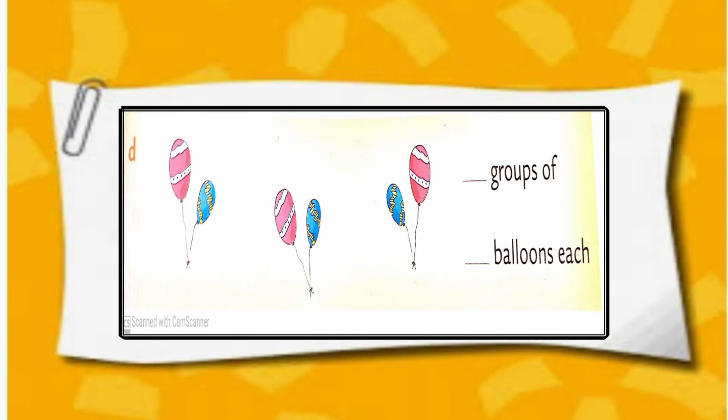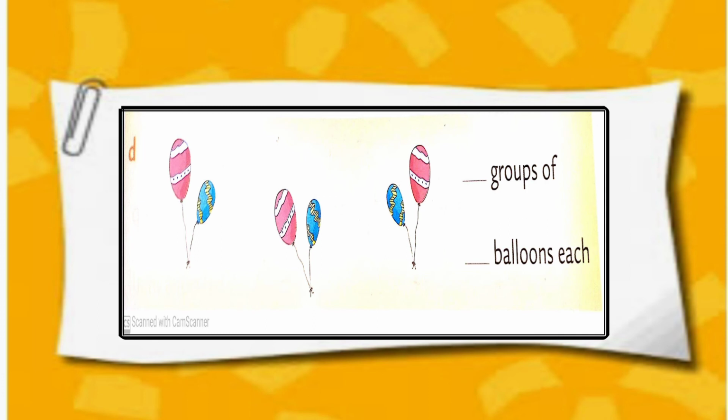Exercise 2, sum number D. Here we can see some balloons. Look, they all come in pairs. It is all divided.